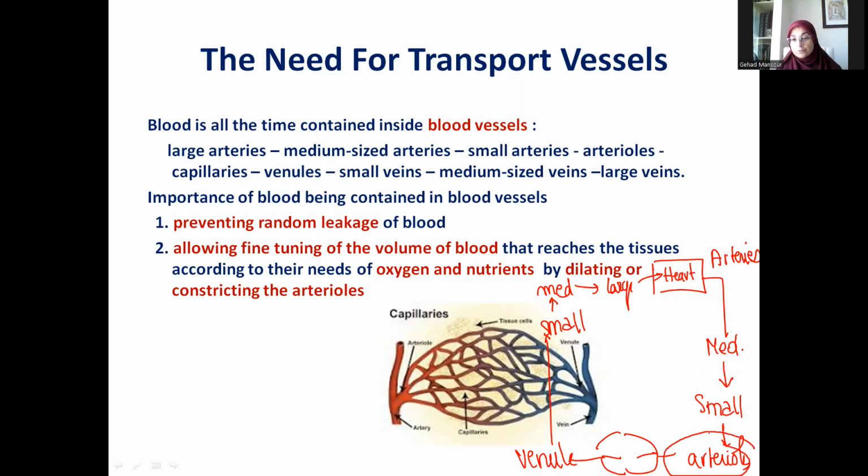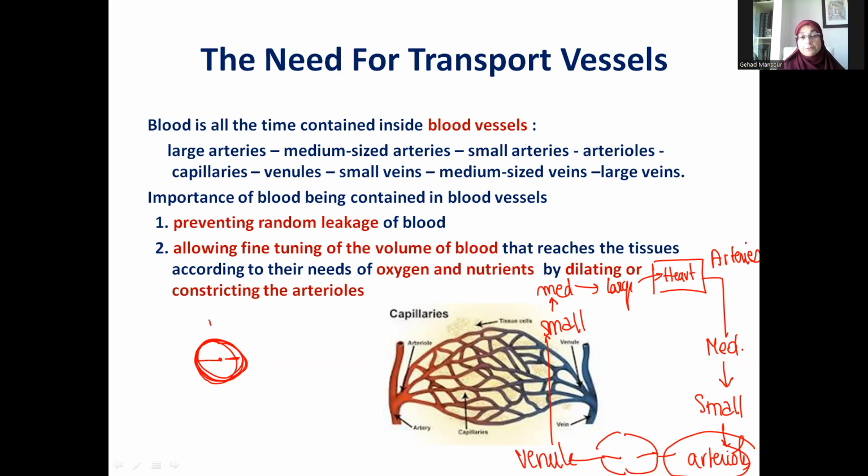In the arterioles, especially in the arterioles, we have this property of having smooth involuntary muscles in the wall of the arteriole. So this is a section in the arteriole, and this is the diameter of the arteriole.